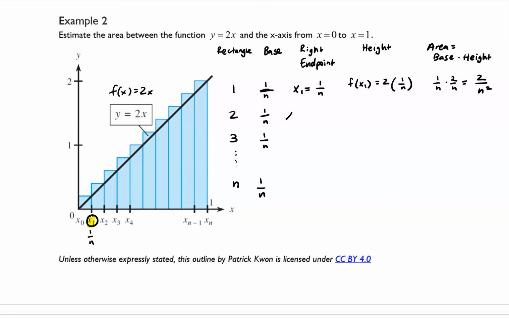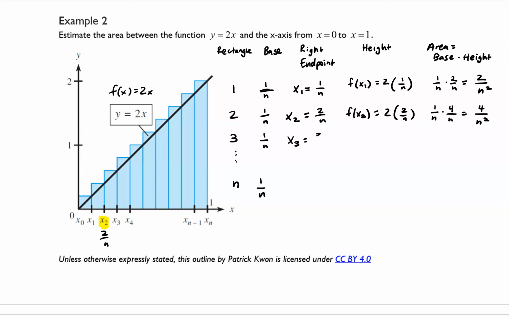Okay, let's fill out more of the table. So x2 is going to be this point here on our graph, and that's going to be 2 over n. So f of x2 will be 2 times 2 over n, and then the area of the rectangle will be 1 over n times 4 over n, which will be 4 over n squared.